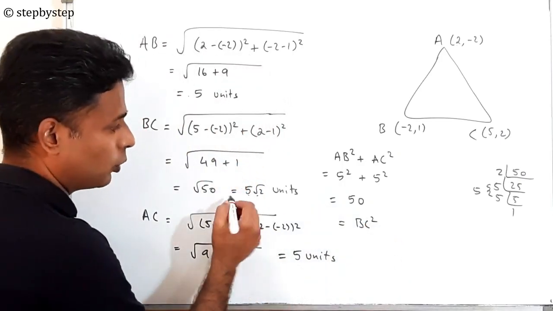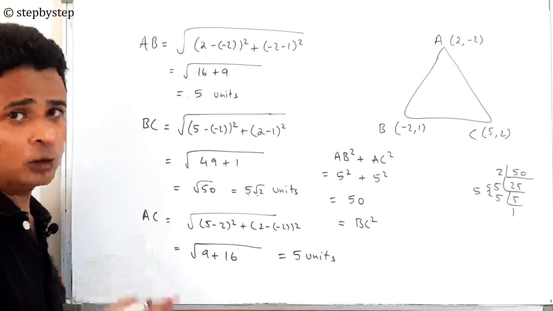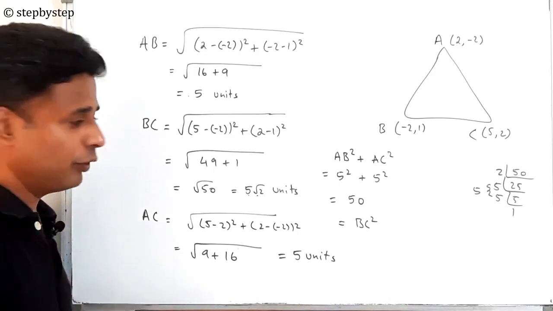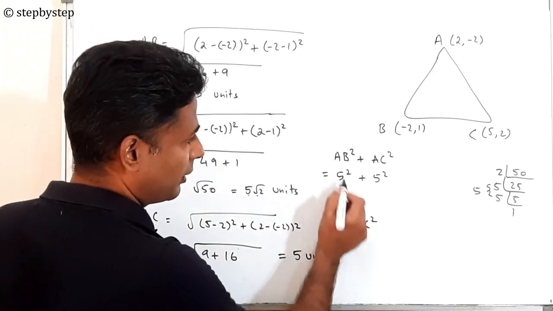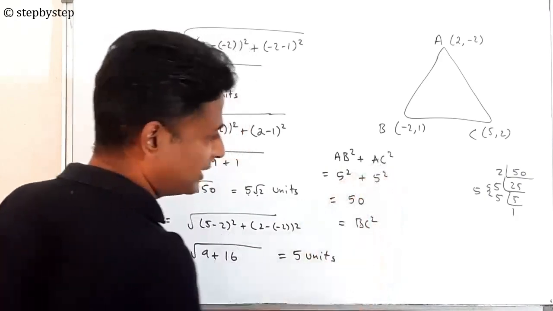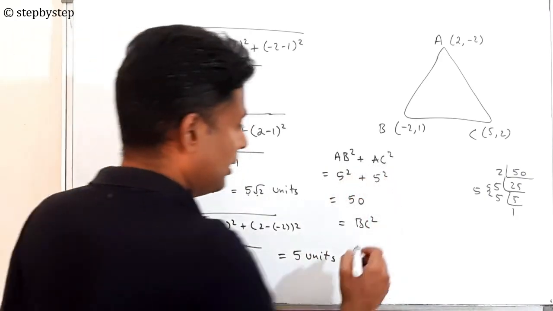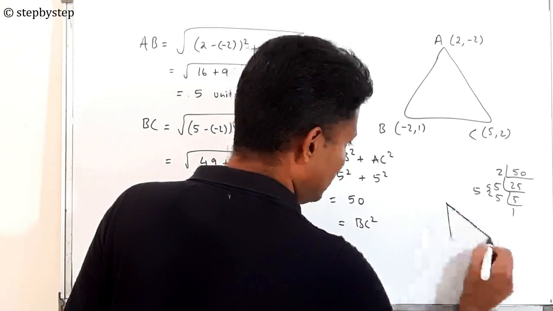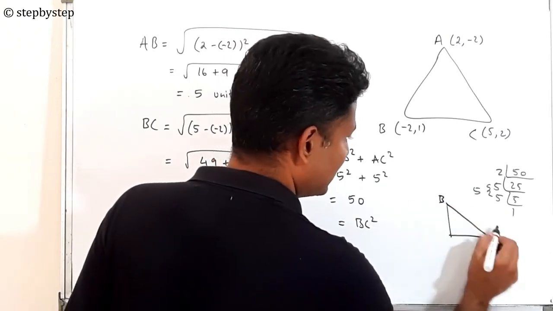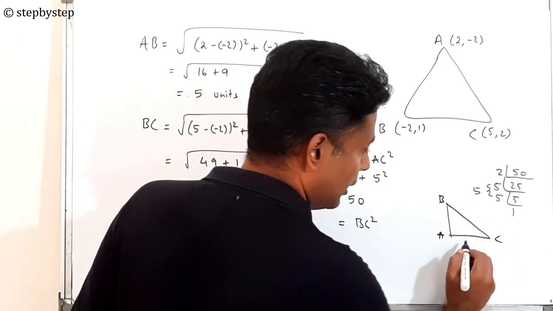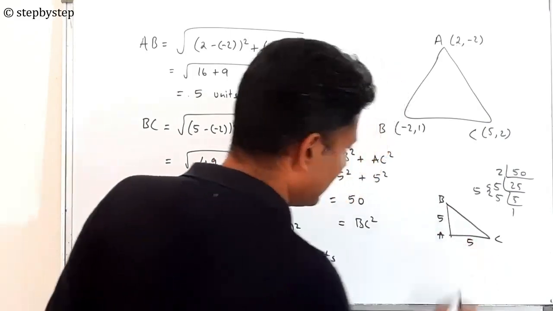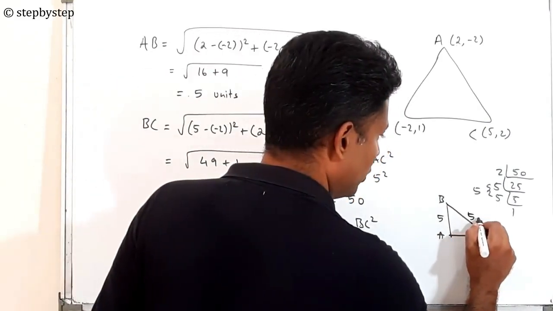Because if you take 5 root 2 square, it becomes 25 into 2, 50. So since we got AB square plus AC square equal to BC square, it is a right angle triangle where BC is the hypotenuse. So BC is the hypotenuse and we got A over here. Now AC is 5, AB is 5. This is 5 root 2.